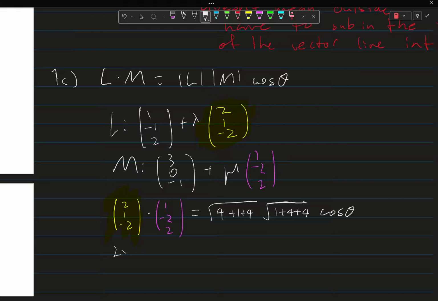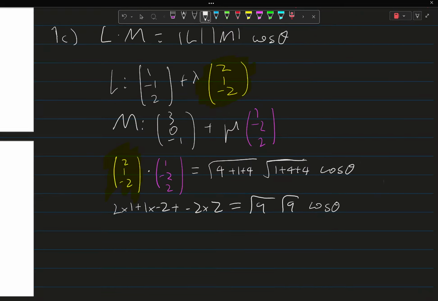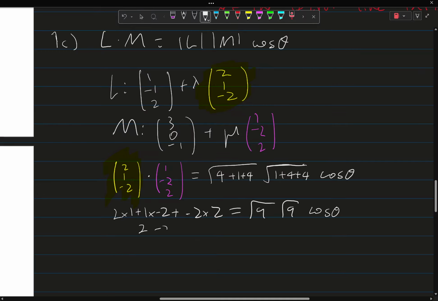So 2 times 1 plus 1 times -2 plus -2 times 2, which is equal to square root 9 times square root 9 cos theta. So we have 2 minus 2 minus 4, which is 3 times 3 cos theta.